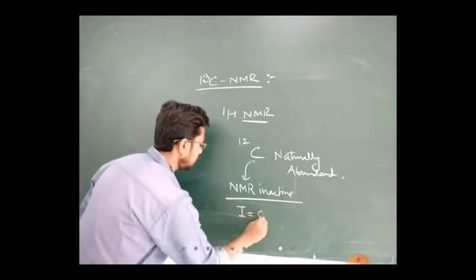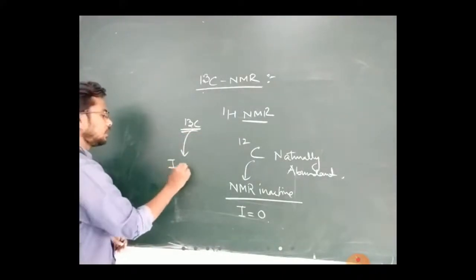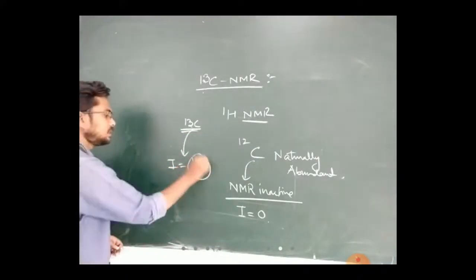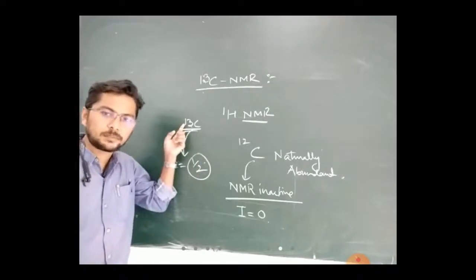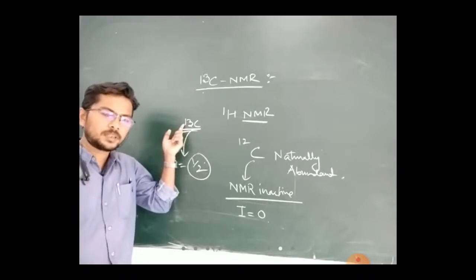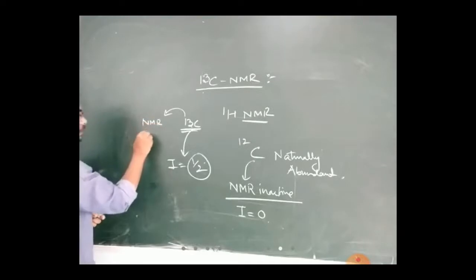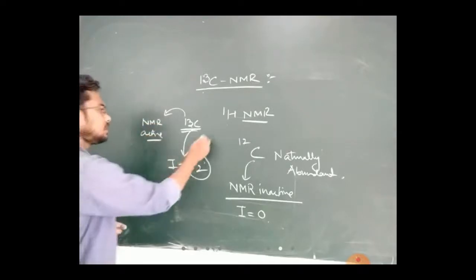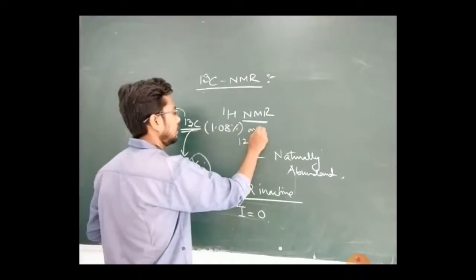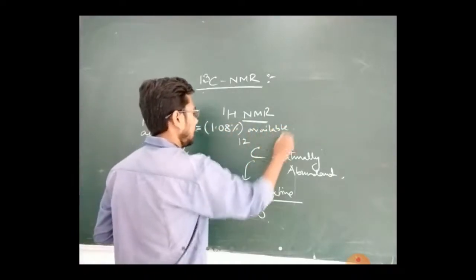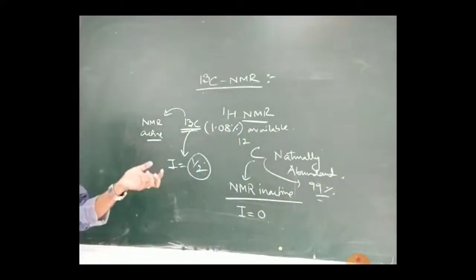Because I is equal to 0, and in case of 13C, I is equal to half. Because it has an odd mass number, it is NMR active. But the problem here is that it is only around 1.08% available, and carbon 12 is available at around 99%.